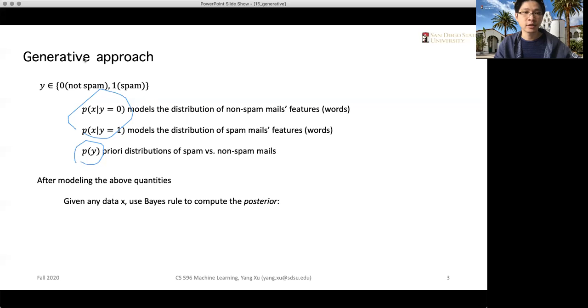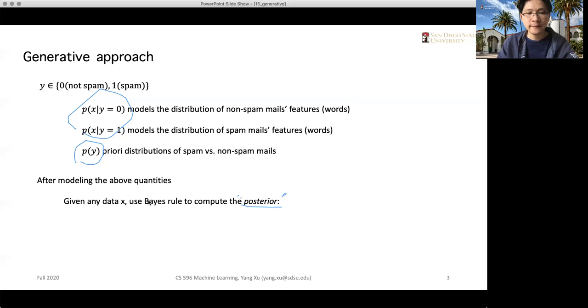This is not the first time that we come across the word posterior. In a mixture of Gaussians, we used the posterior probability, right, for salmon versus tuna.